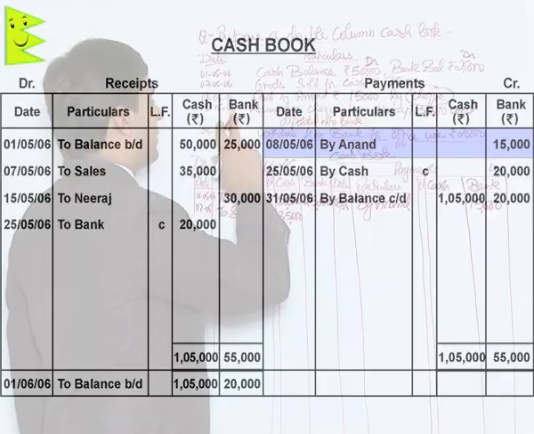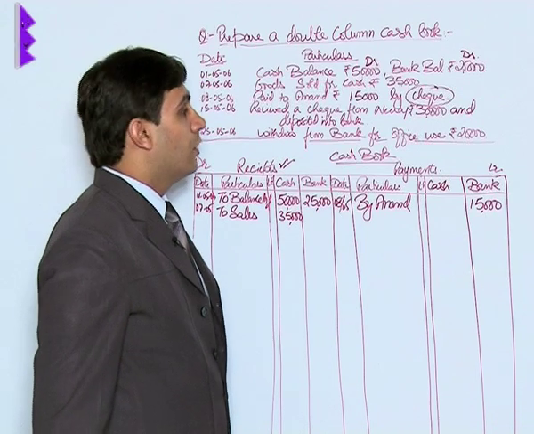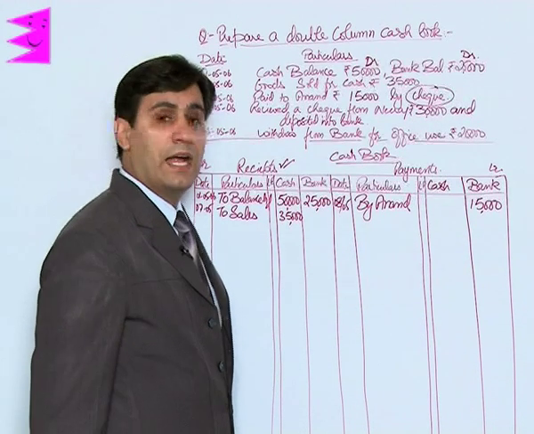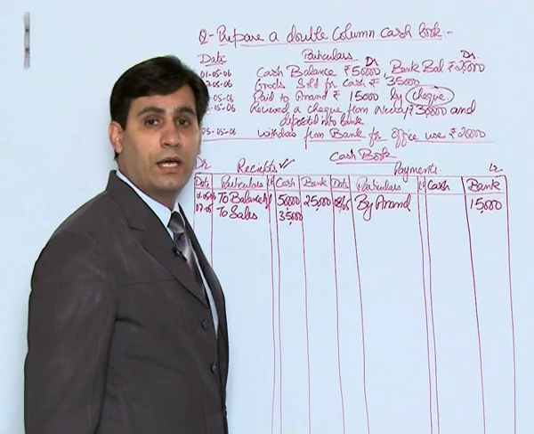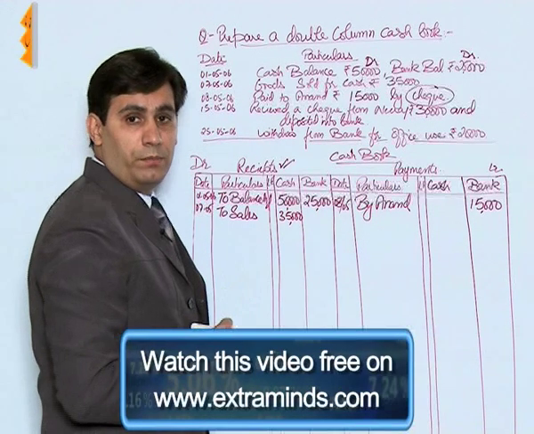Now students, the second last entry is 15th May, received a cheque from Neeraj rupees 30,000 and deposited into bank. That is, Neeraj has paid us a cheque worth rupees 30,000 and we have deposited that cheque into our bank account. That means we are receiving payment from Neeraj.